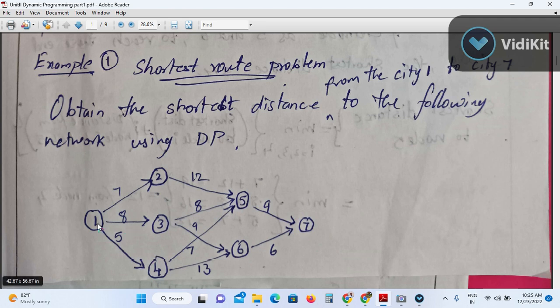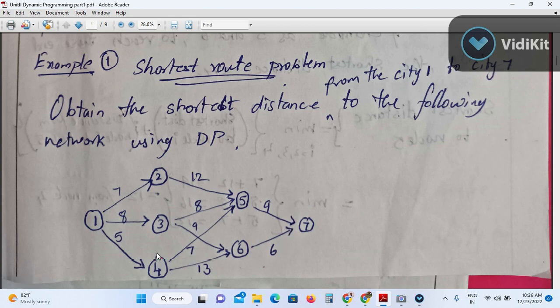For each link, the distance is given in miles. For example, city 1 to city 2 is 7 miles. Again, 1 to 3 is 8 miles. It may be miles or kilometers, some distance parameter. Likewise, the miles are given for the entire network.